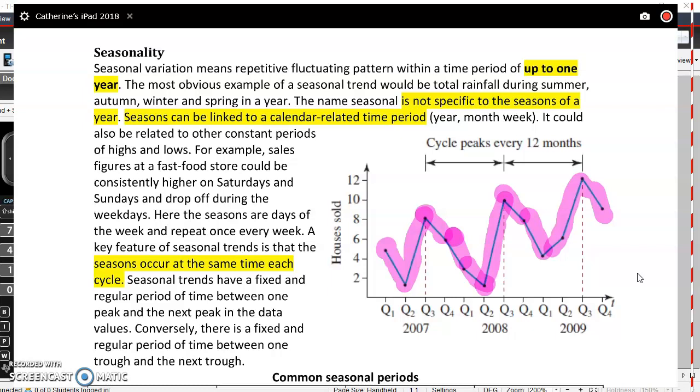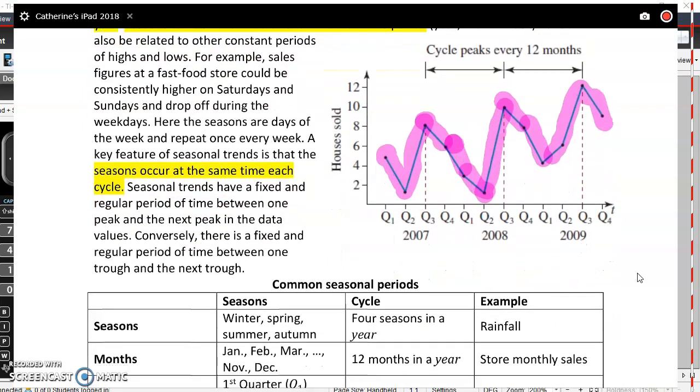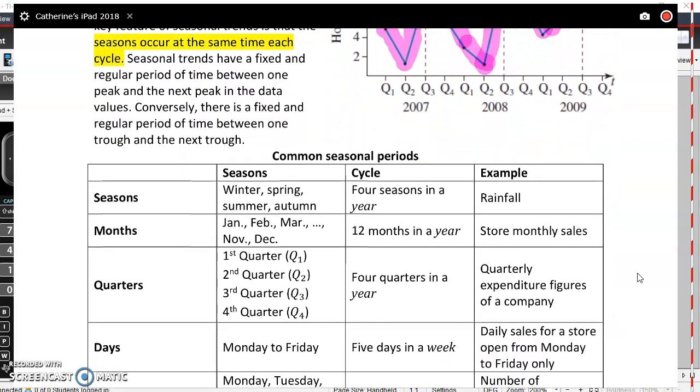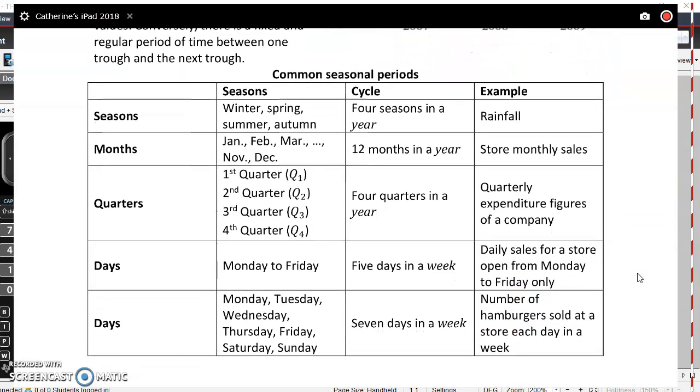So these are patterns that we're looking for, and people have to be aware of them when they're making decisions. Now, just to run through it so that we're all aware: we've got 4 seasons in a year, so we might be thinking about that if we're doing rainfall.